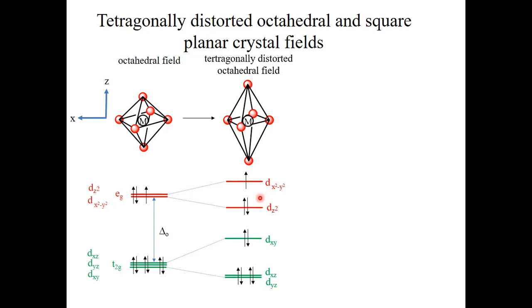If I move the 2 ligands along the z-axis infinitely far away from the metal, then I have made my transition from a tetragonally distorted octahedron to a square planar complex. You can say a square planar complex is nothing else but an extreme case of a tetragonally distorted complex.